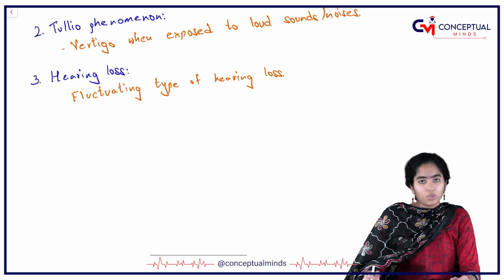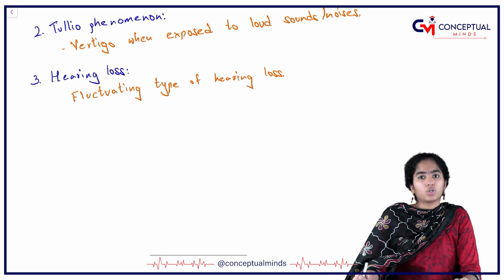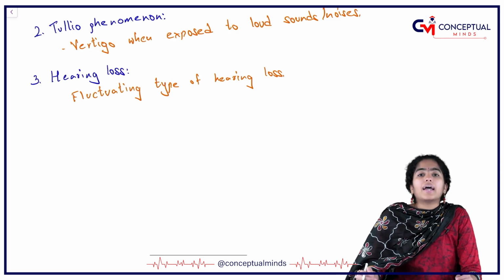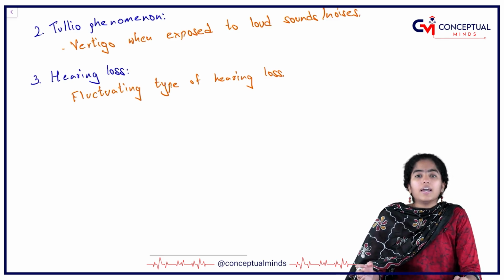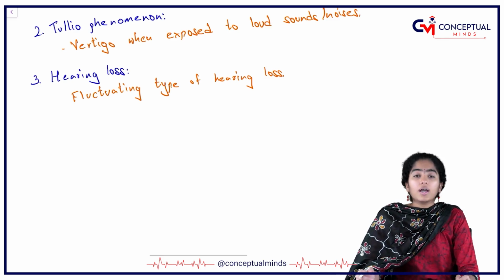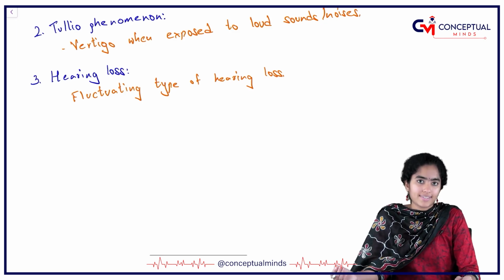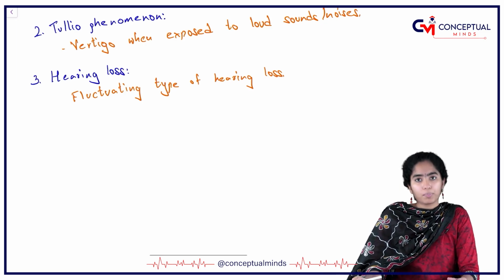Now please do not get confused with the fluctuating nature of pure tone audiometry in malingerers or non-organic hearing loss. There, because the patient is trying to cheat, immediately back to back if you perform two audiometries also, there will be difference, because he has to remember at what point he said I am not able to hear and exactly reproduce that in the next test also, which is not possible.